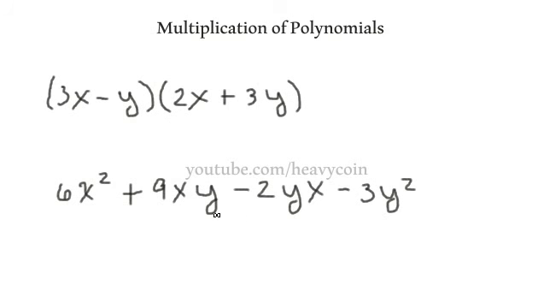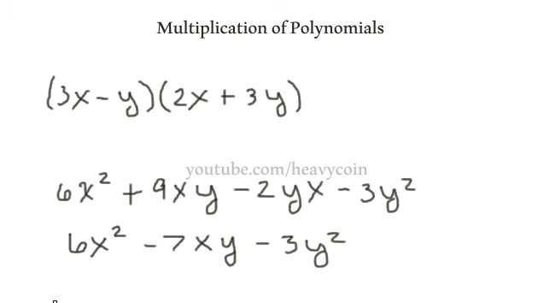And then of course we want to look at this and see if there's any way we can reduce this down. Well, we have 6x squared. We have an xy and a yx, so these are like terms here. We have a 9 minus 2, so that would be 7xy minus 3y squared. Good enough.